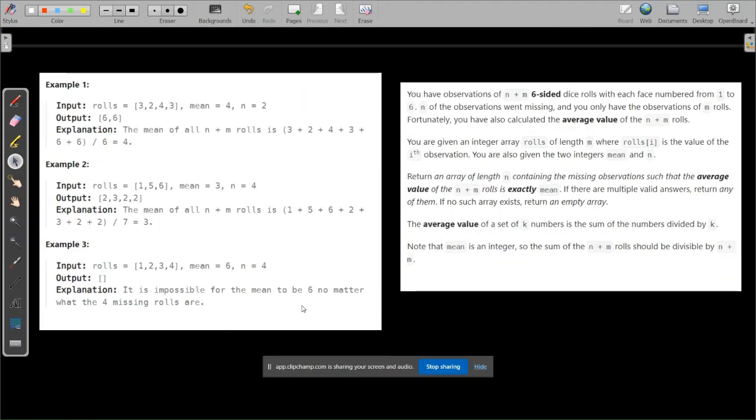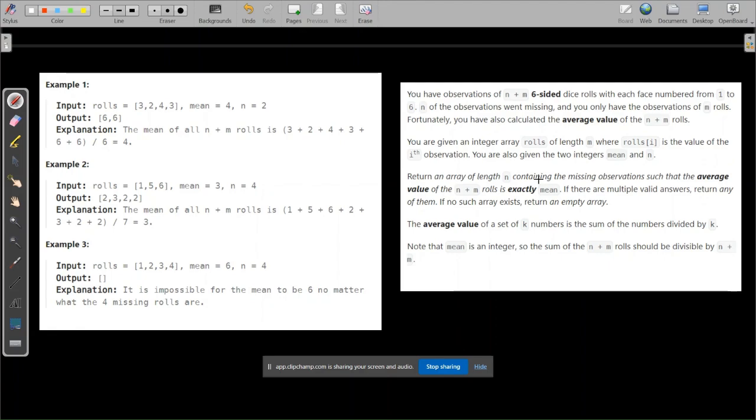Now what the question says is that you are given observations of m plus n six-sided dice rolls. A dice has six sides having numbers 1, 2, 3, 4, 5, 6.